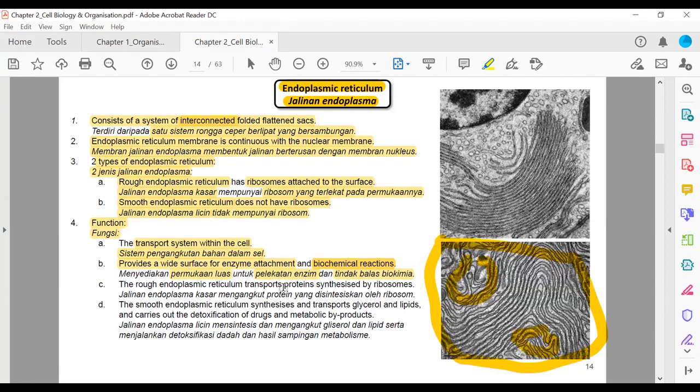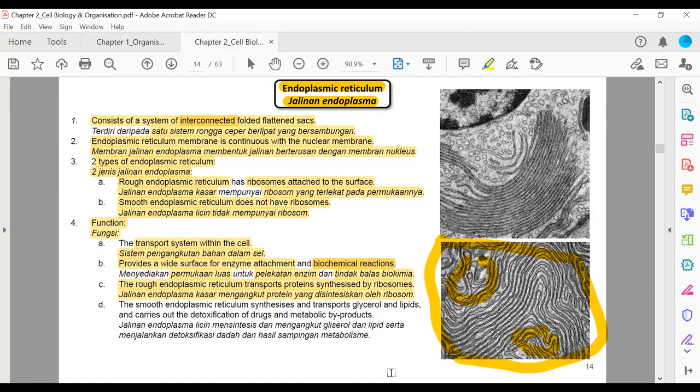Okay. C. The rough endoplasmic reticulum transports protein synthesized by ribosome. Ini fungsi RER. Jalinan endoplasma kasar mengangkut protein yang disintesiskan oleh ribosom. Like what I told you just now.